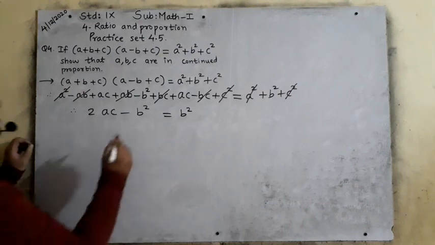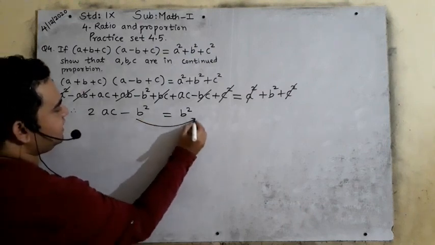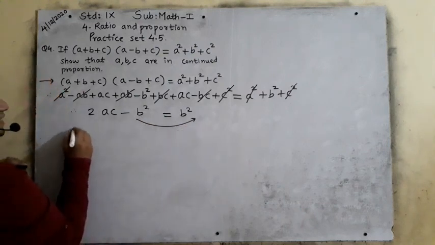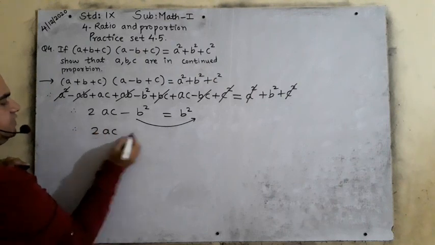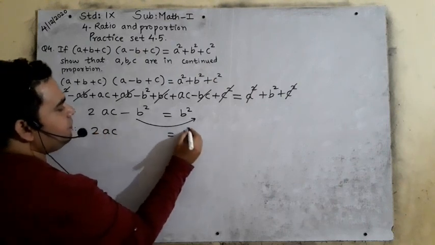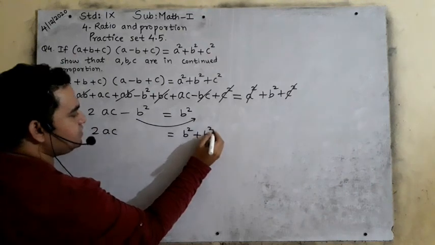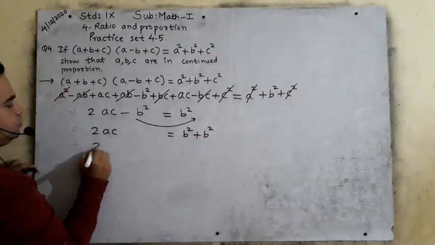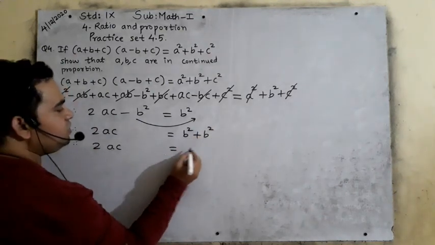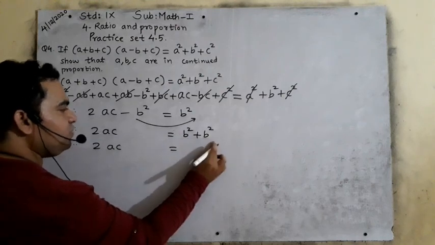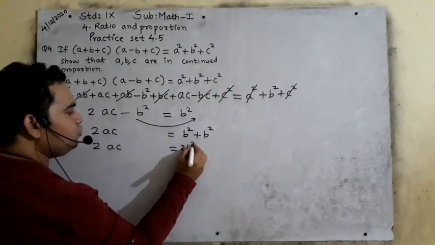Now this minus B will go that side. Like term will go to the like term. Therefore, 2AC is equal to B square plus B square. So 2AC is equal to 1B square plus 1B square. So it is 2B square.